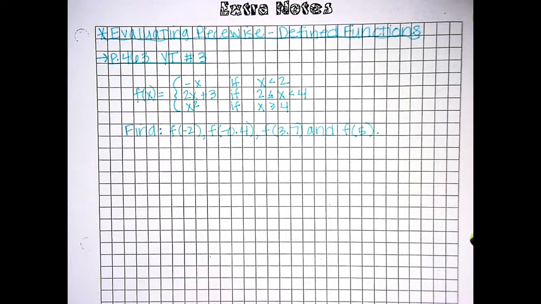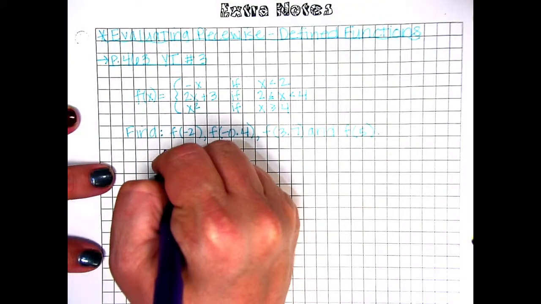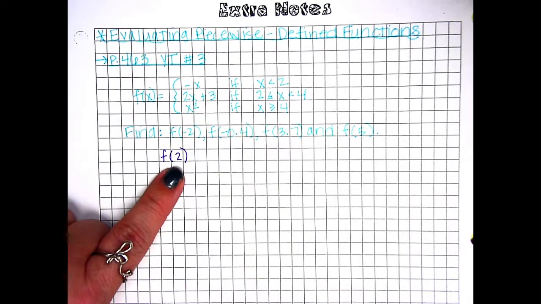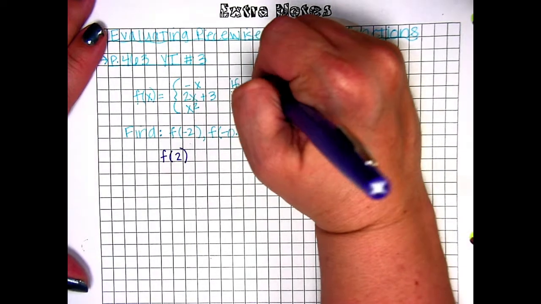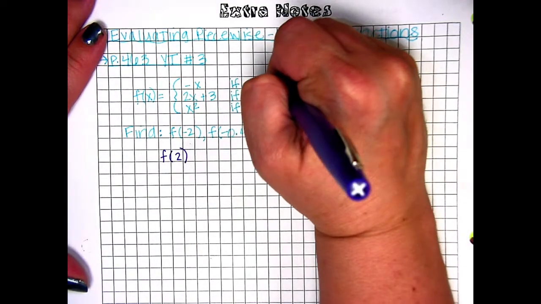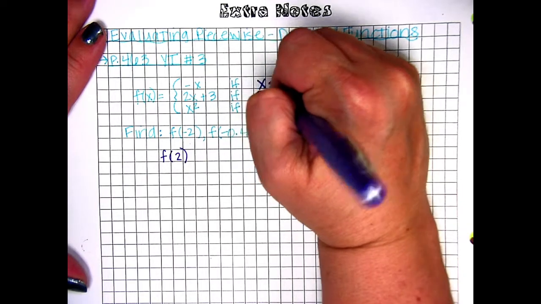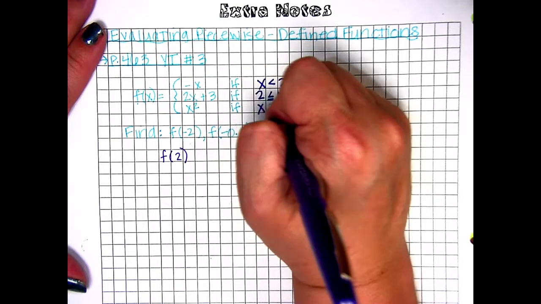So when we do this, the first one is f of 2. You have to look at the number they want you to find, and it has to fit within one of these inequality restrictions. Let me outline this. Sorry, I didn't know that light blue would not show up that well.